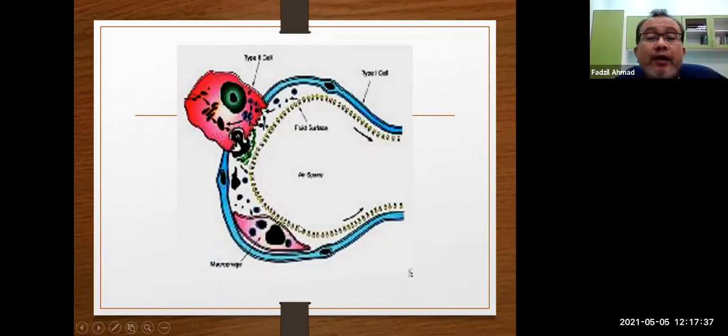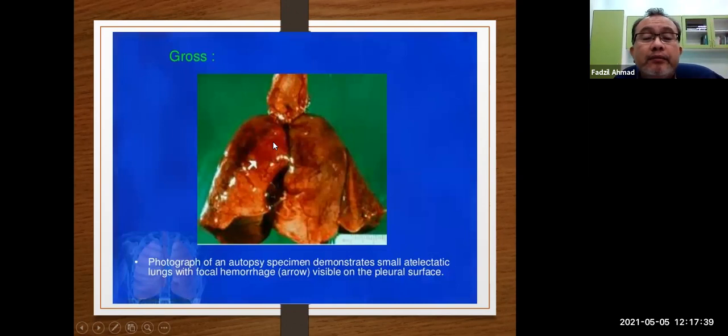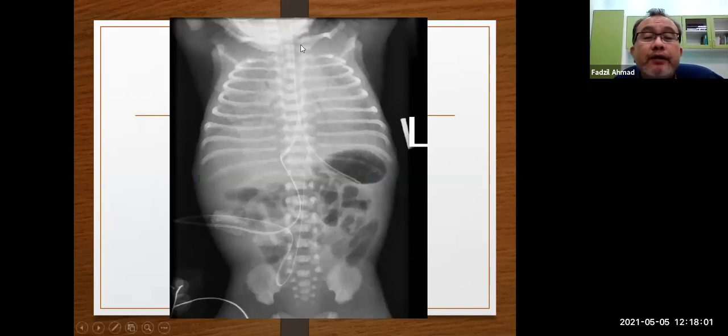That's the function. So what happens if there is no surfactant? This will happen to the lung. It becomes solid, the alveoli will collapse. We call it liver-like. It looks like liver, but actually it's the lung, because the lung becomes solidified as the alveoli are collapsing. Notice this X-ray: all white, and there is some air bronchogram.